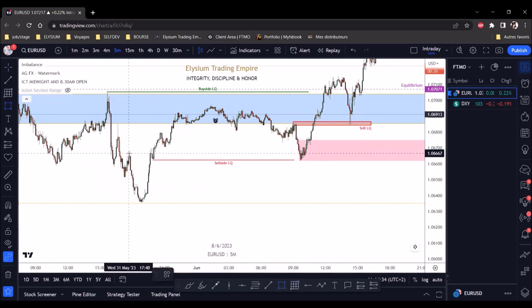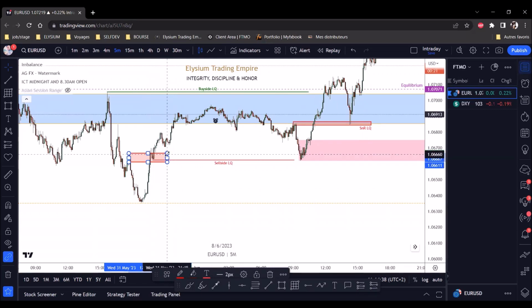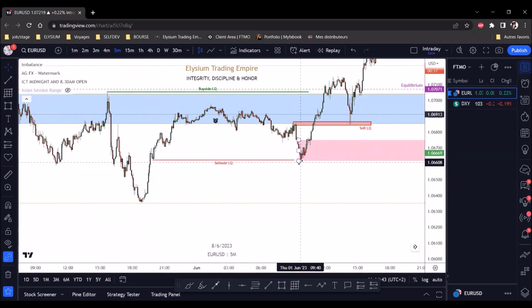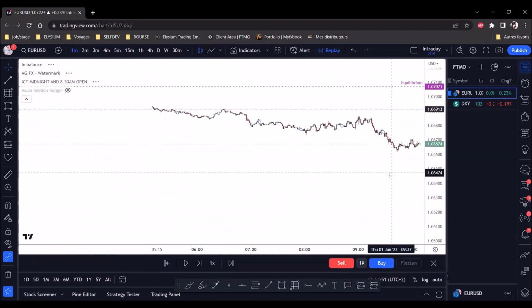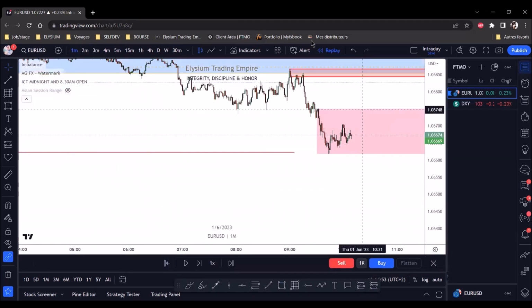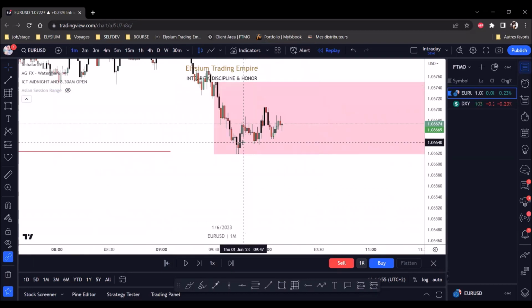because we made a retest of this breaker, so this is liquidity, okay? Most of the time you wait for this liquidity to be taken, and after that, of course, you can go into the 1 minute and see a shift in market structure.